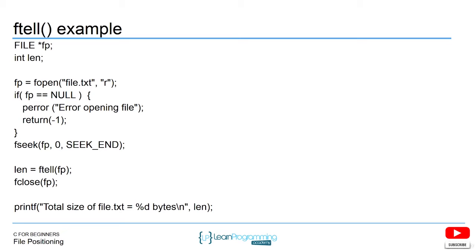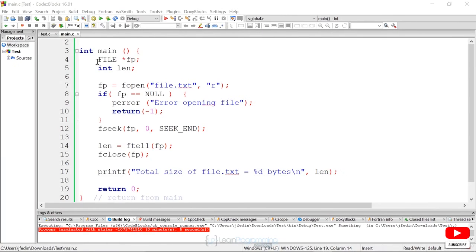So let's take a look at this inside of our IDE, Code::Blocks. Here's our coding example where we create our file pointer. We set it to null. Make sure it's not null. We try to open it up. And then we do an fseek, which is just going to change our file pointer. ftell is going to tell us where we're pointing to. So it's going to point to the end, and it's going to be any number of bytes to the end.